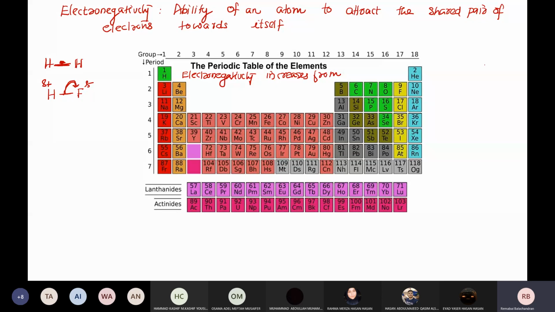From group 1 to group, come on, tell. Group 17. Not 18, because they don't take part in bond formation. The maximum is in group 17. So group 17 elements have maximum electronegativity in a particular period. In that case, which element is the most electronegative element? Fluorine. Yes, it's fluorine.